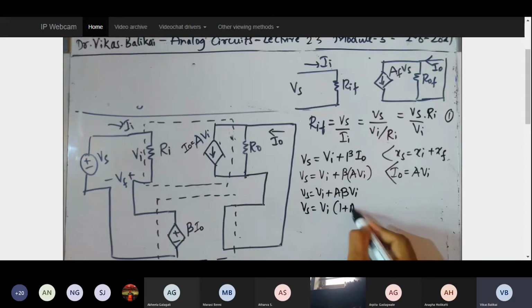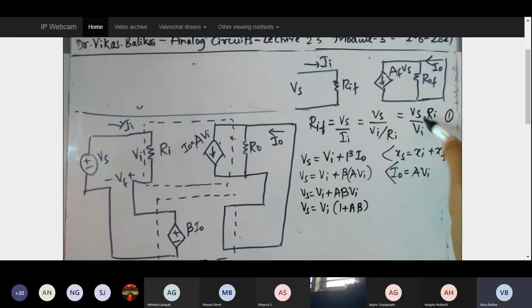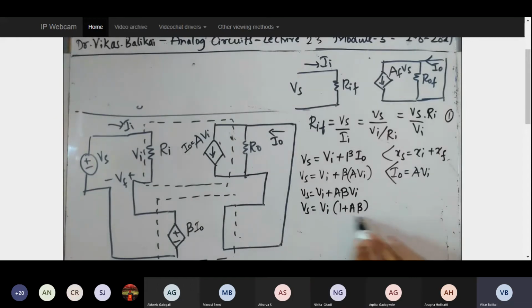Why am I expressing RIF in terms of VS and VI? Because I can express things in terms of voltage in a pretty easy manner. As you observe over here, finally VS upon VI I obtained as 1 plus A beta. Let me call it equation number 2.